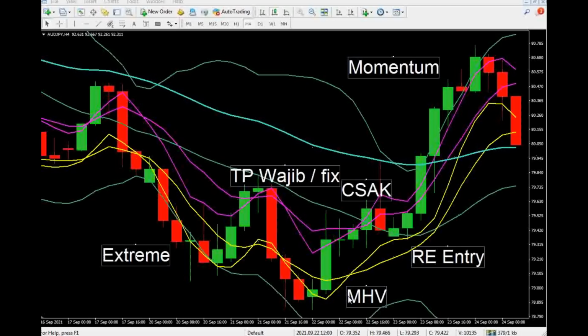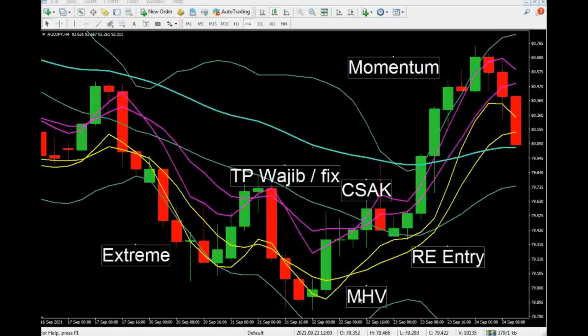Market means the price, the movement of the market. Hilang means loss, and V for volume. That means the market is losing the volume. It is called MHV.